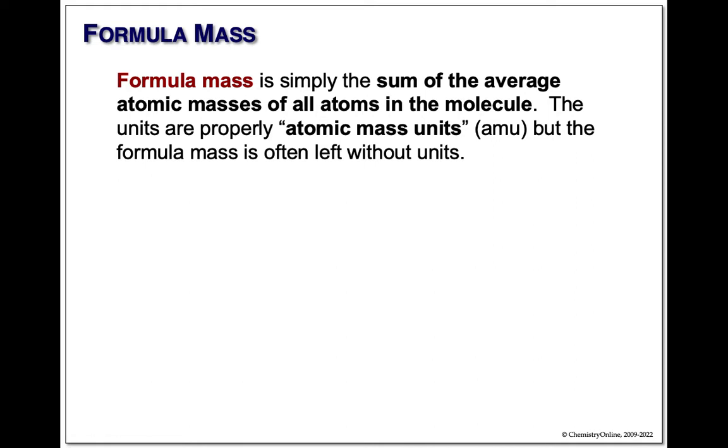If you look at the periodic table, we have an average mass for each of the elements, based on number of isotopes and whatever. If we sum up the average masses of all the atoms in the molecule, we get the formula mass in atomic mass units. Typically we don't indicate AMU, but we can.